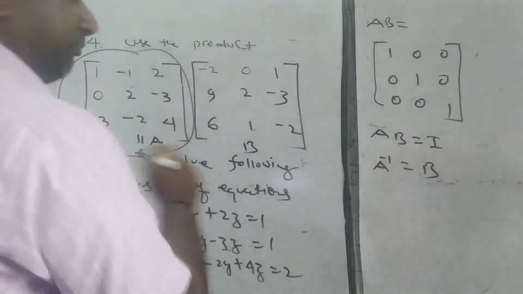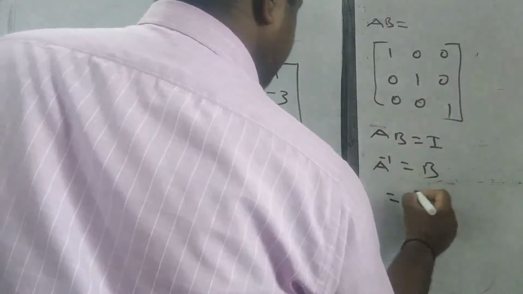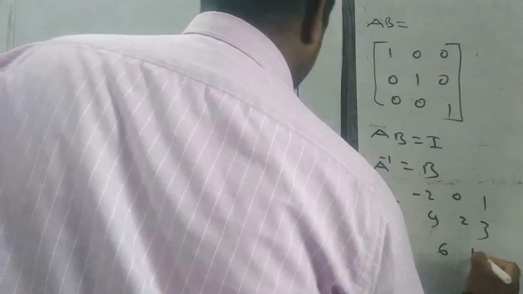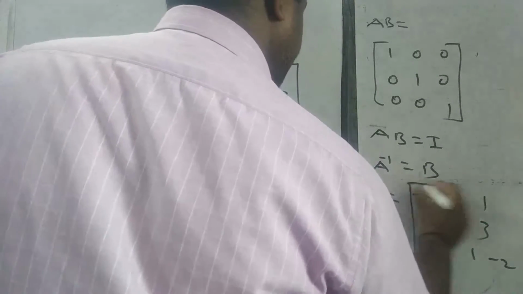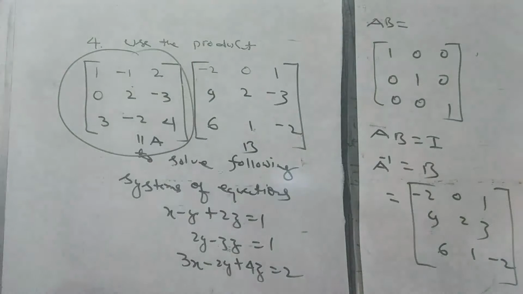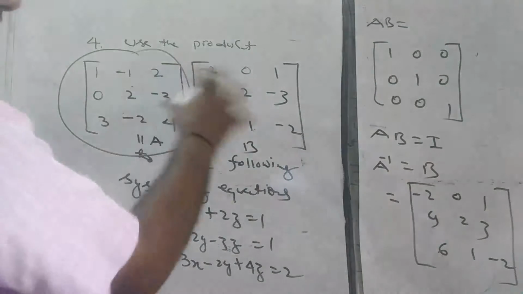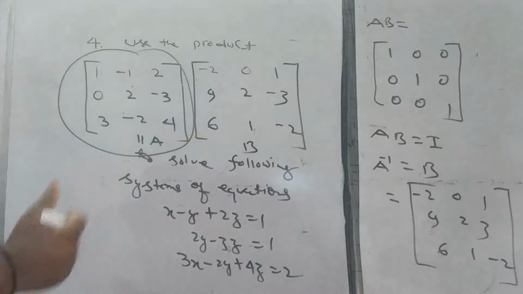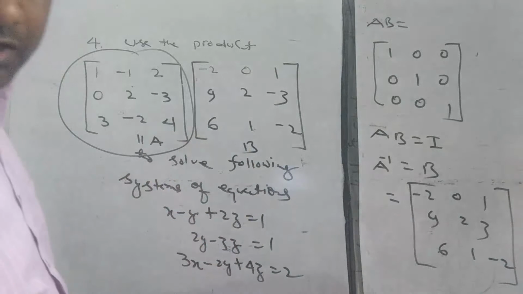See how easy it is. And the value of B is [-2 0 1; 9 2 -3; 6 1 -2]. So there is no need of finding the cofactor, then the adjoint, then A inverse. Directly by multiplying you can get the identity, and identity means one matrix is the inverse of the other.